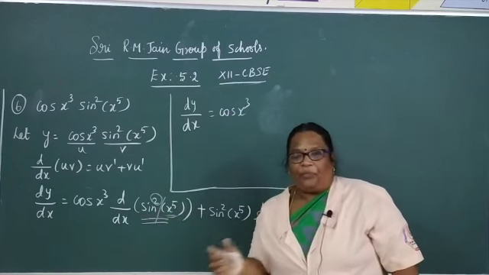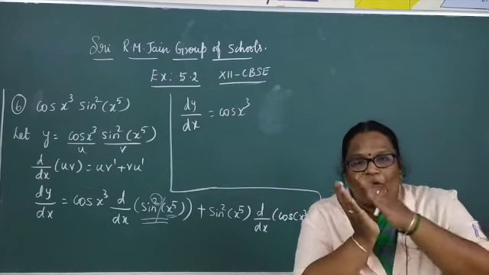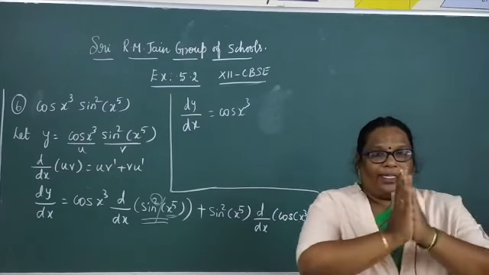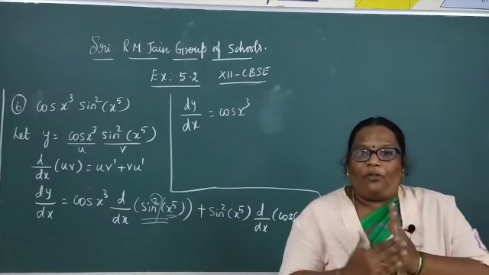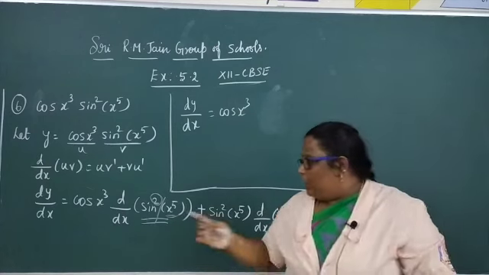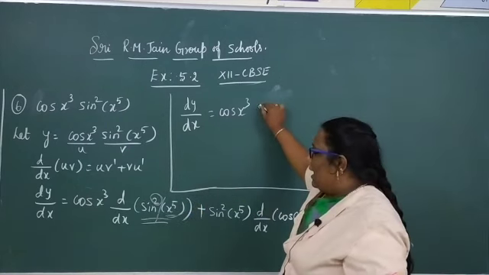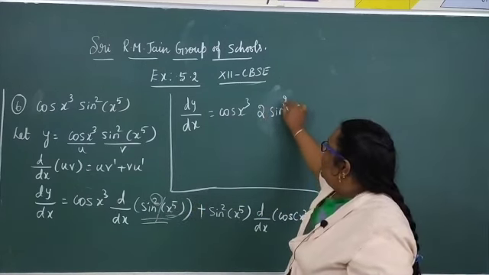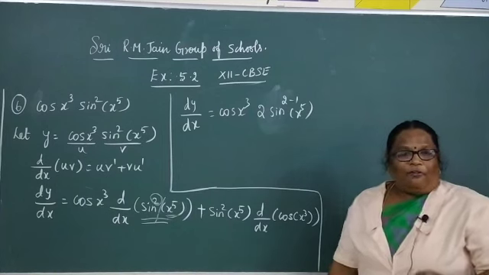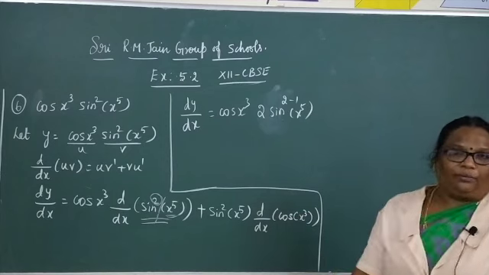This full term, sine x power 5, you take as one term. What is the differentiation of x square? It is 2x power 2 minus 1. You apply the formula n into x power n minus 1. In the same way, instead of x, the term here is sine x power 5. So you write 2 sine power 2 minus 1 into x power 5. So the first part is over.